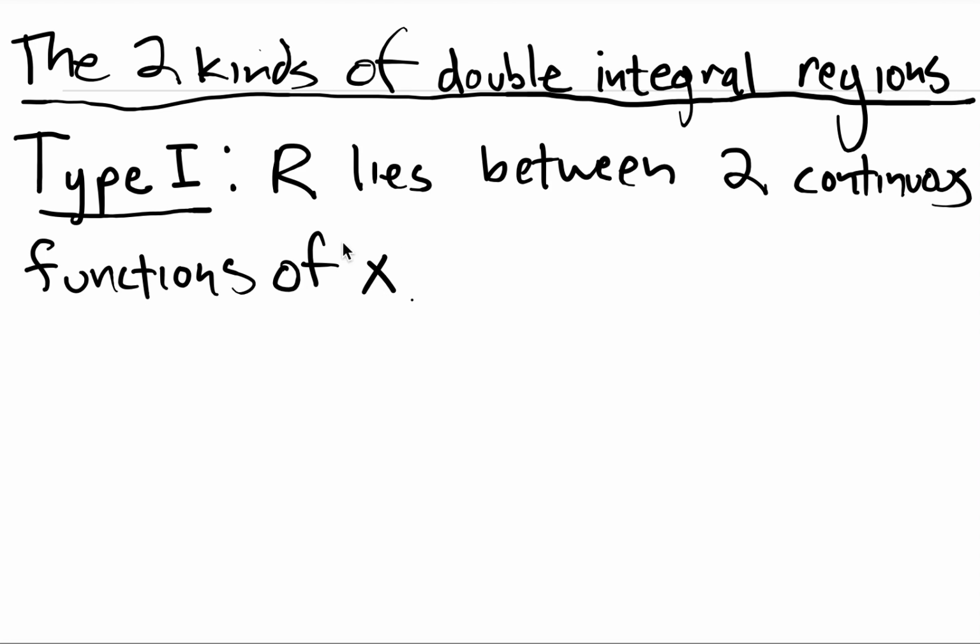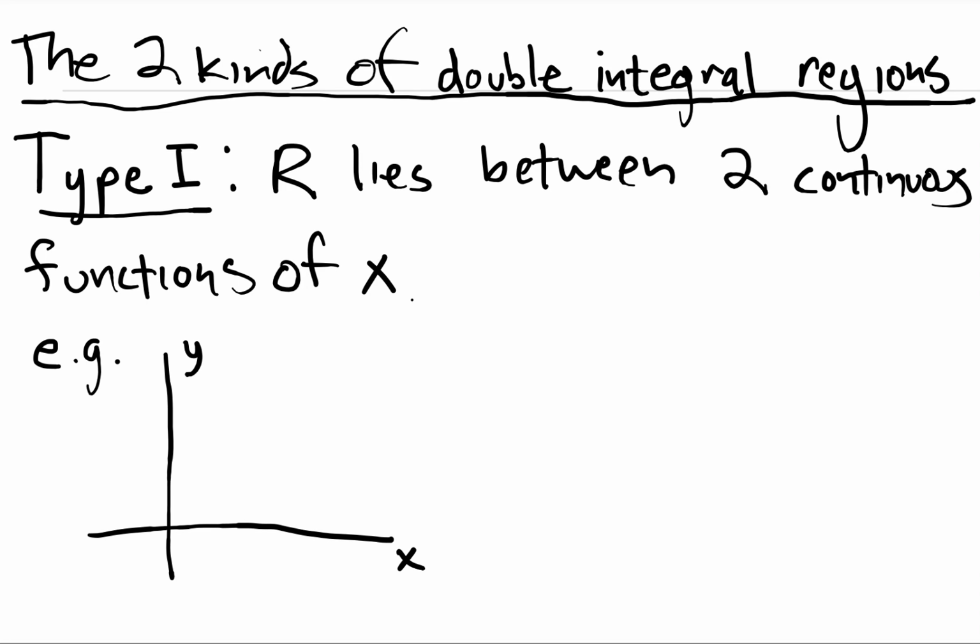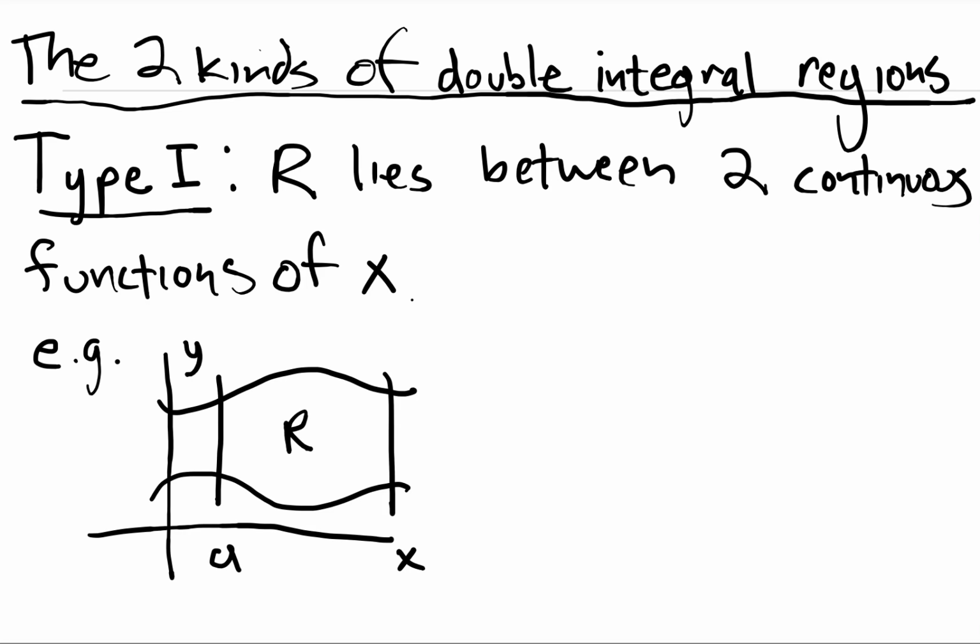For type 1, we've got a region that lies between two continuous functions of x. Now, this isn't what it's going to look like in all cases, but if you want to picture your domain as just being in the xy plane, I could have one function of x here, another function of x over here, and let's say that I want to block off my region R as being in between those two curves, right?